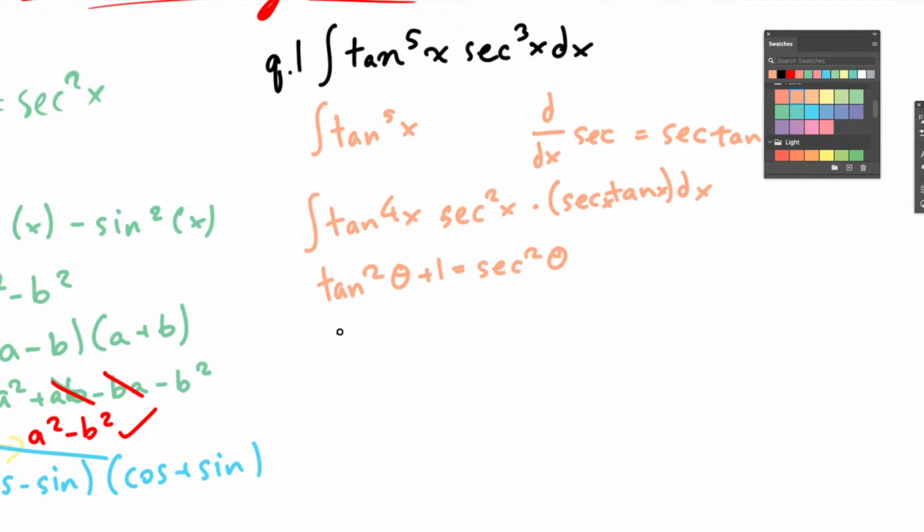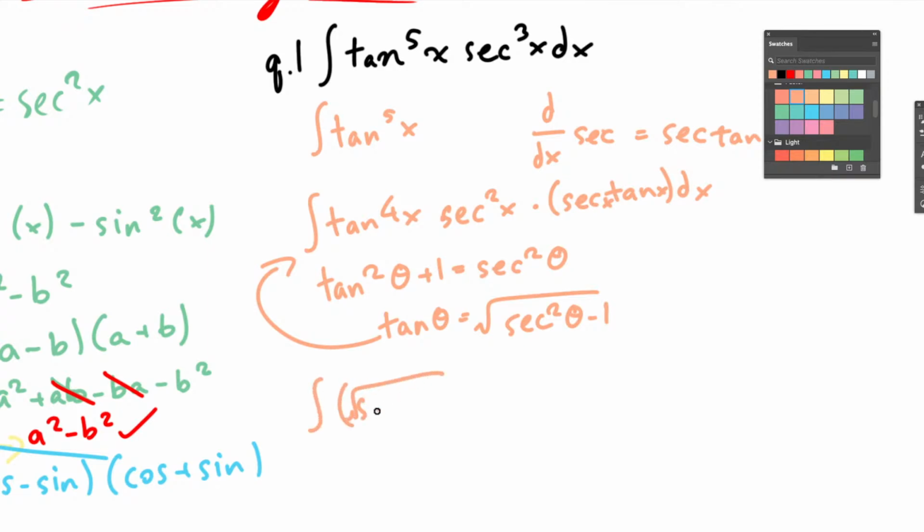Now, if we isolate tangent theta, we get tan theta equals square root of secant squared theta minus 1. Great. We then plug this in there. Then we get the square root of secant squared theta minus 1 whole squared times secant squared x times secant x tan x dx.